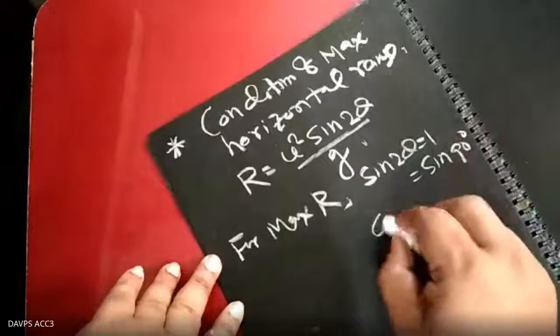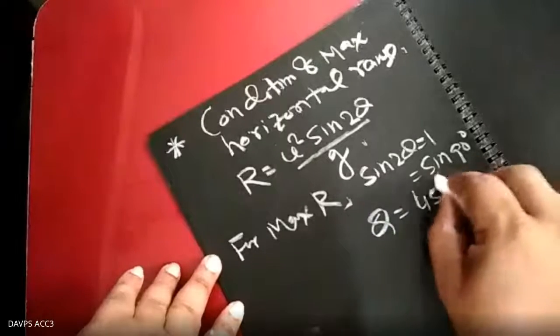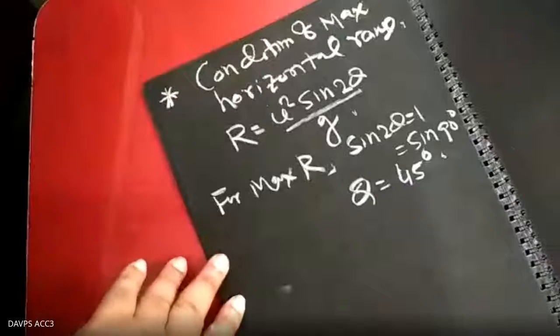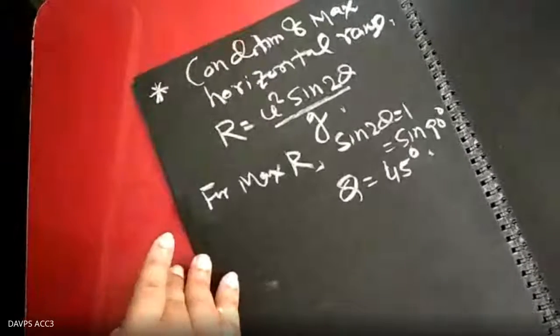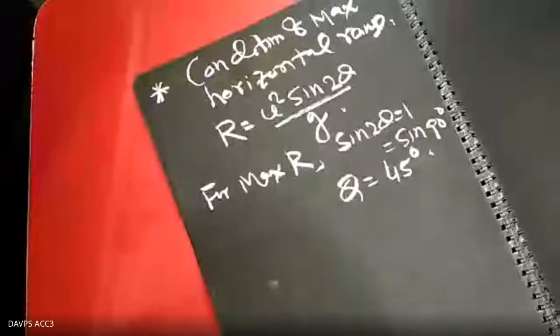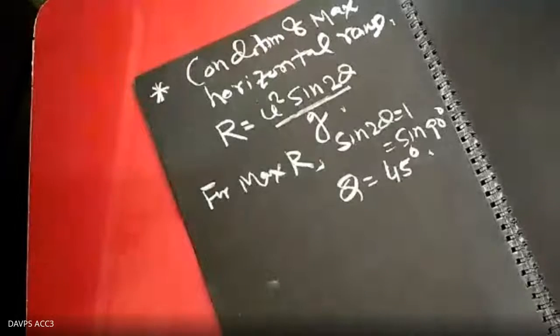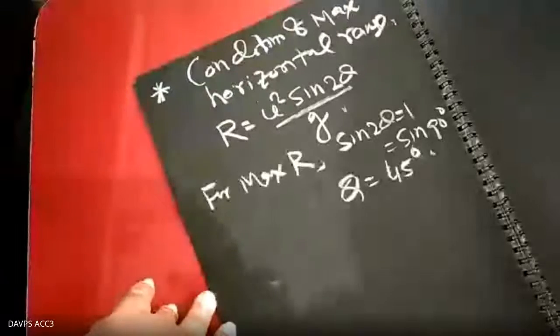Clear? So 2 theta equal to 90 degree, theta equal to 45 degree. When the javelin is thrown with a 45 degree angle, you will get the maximum horizontal range.